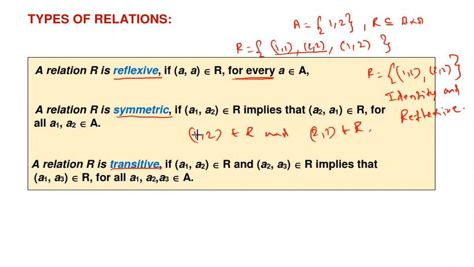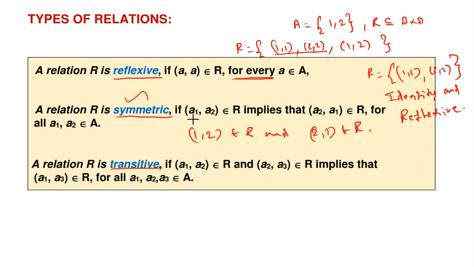So 1 is a pre-image of 2 as well as 2 is a pre-image of 1. In one ordered pair, 1 is a pre-image of 2. In another ordered pair, 2 is a pre-image of 1, and both (1,2) and (2,1) belong to R. If this is true for every member of the relation, then that kind of relation is known as symmetric.